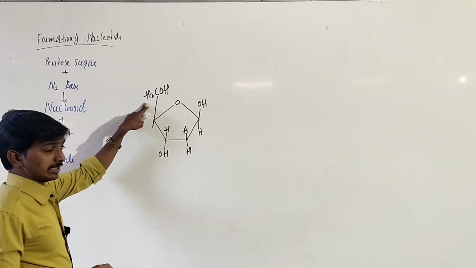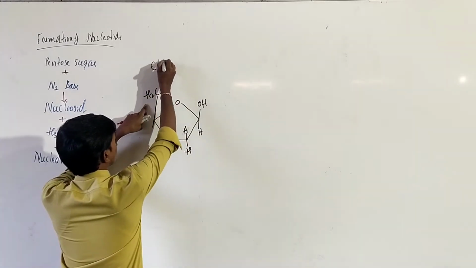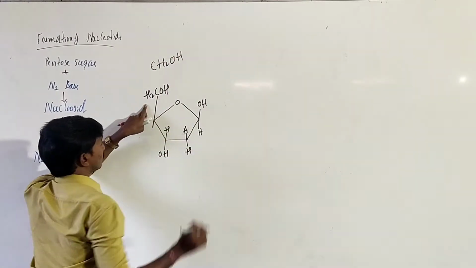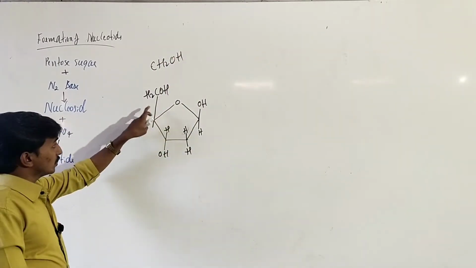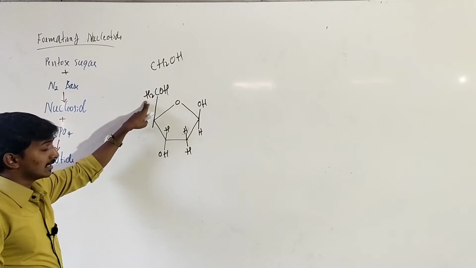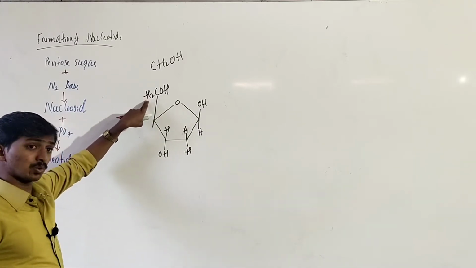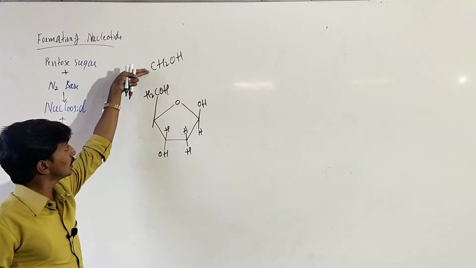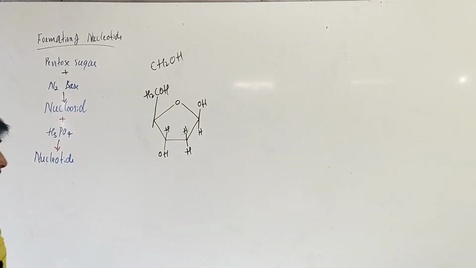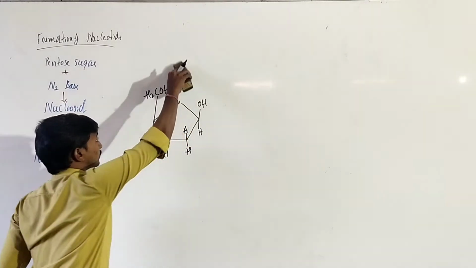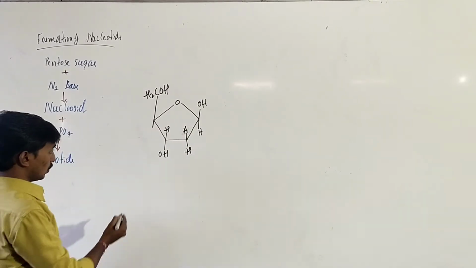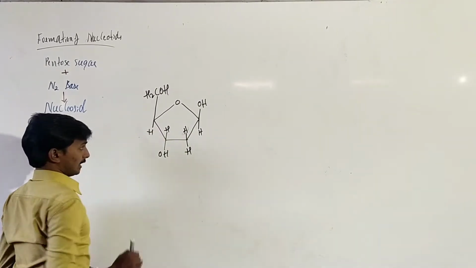This is actually CH2OH, but when we write it towards the left side, it becomes HOH2C. Don't confuse it. It is CH2OH only, just written in this form. And here we have an H.